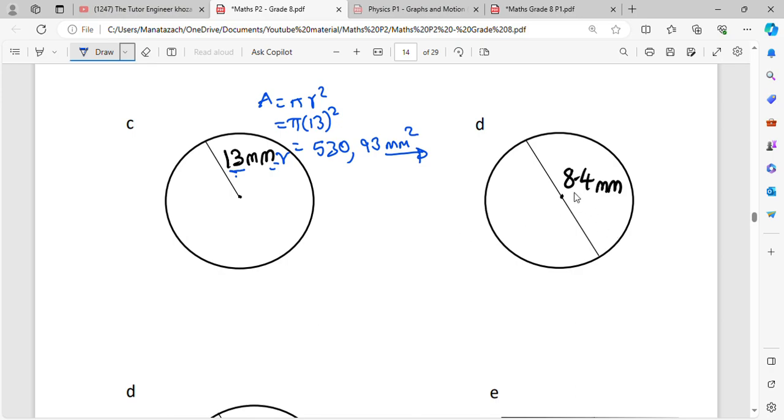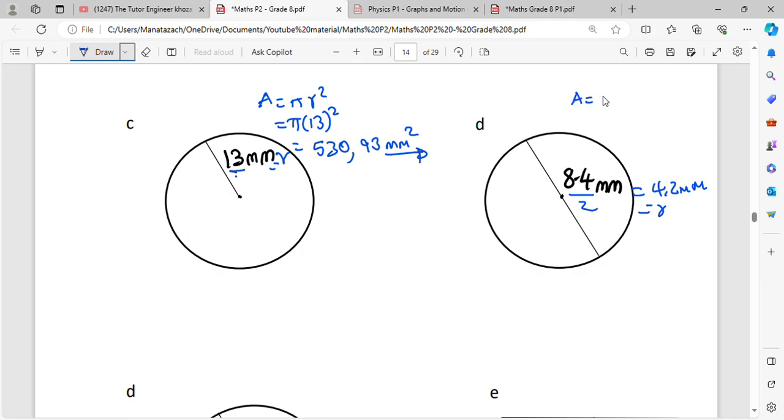Okay, here we have a diameter of 8.4. To get the radius, we'll divide by 2, which will give us 4.2 millimeter radius. So this is your radius.